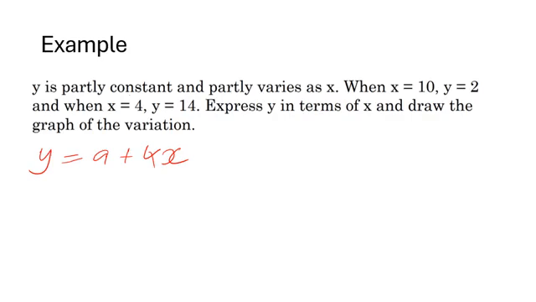Now let's develop our two equations which will help us to find constant a and constant k. By finding these constants, we'll be able to develop a relationship between y and x, and with that we can draw our graph.